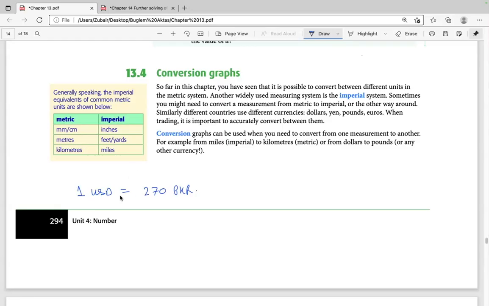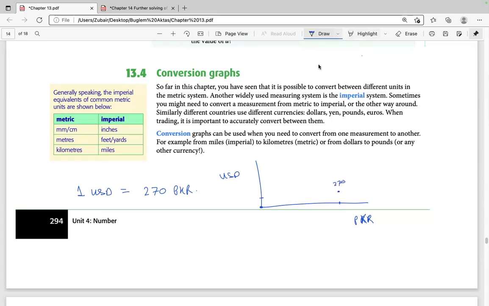So this is the conversion rate at the current time. Obviously, if I have PKR on the x-axis and USD on the y-axis, I would know that 0 rupees would represent $0, but 270 would represent 1 USD.